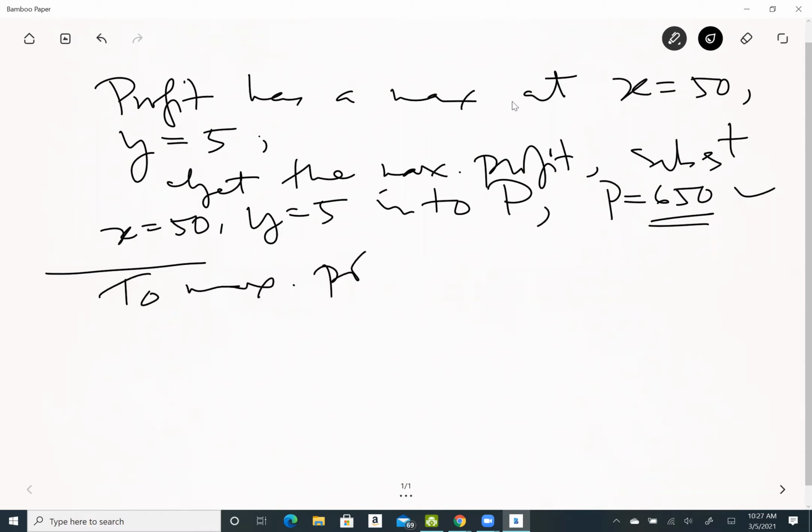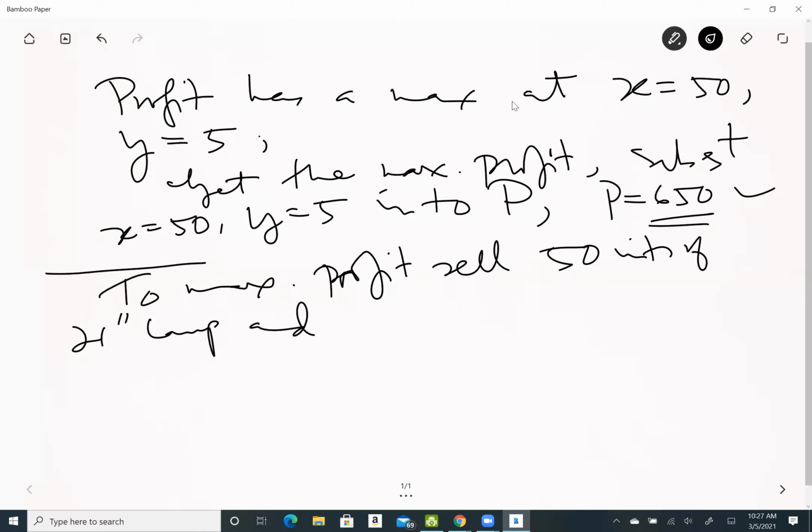You have to sell 50 units of the 21-inch lamp and 5 units of the Y, and that is the 30-inch lamp. The maximum profit is equal to 650,000.